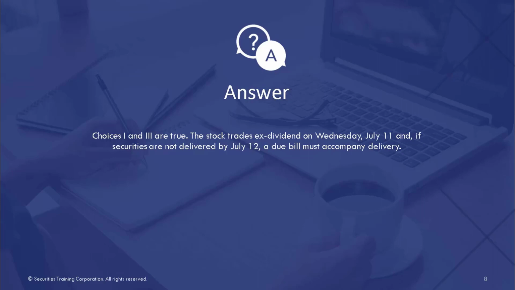It would be the buyer that would be entitled to the dividend if the trade was done beforehand, which would be July 10th. Now, 4 is also not true because a cash trade cannot be done up until July 25th. July 25th is the payment date. A cash trade can be done up to the record date of July 12th.